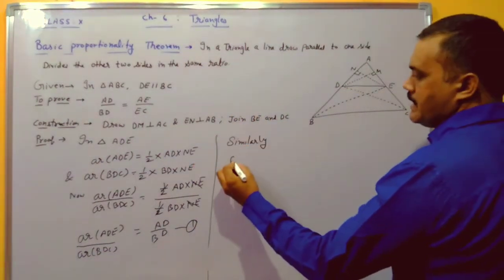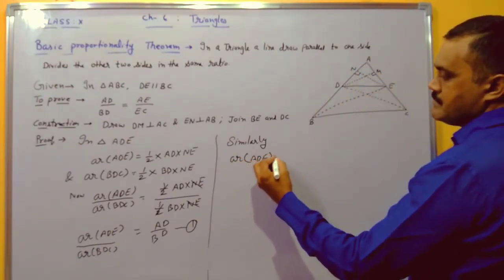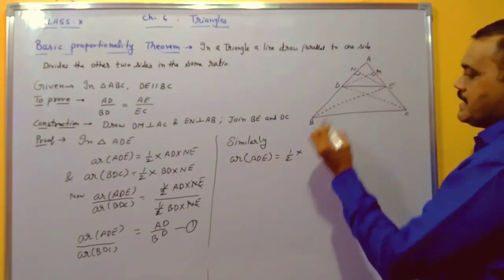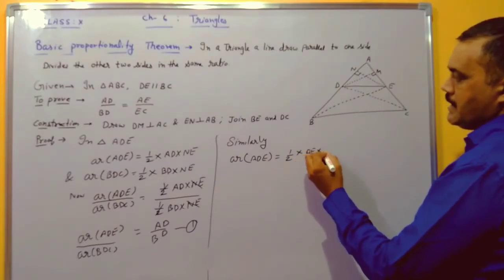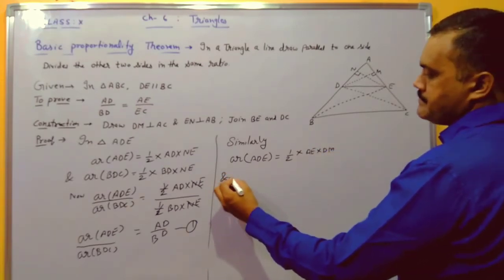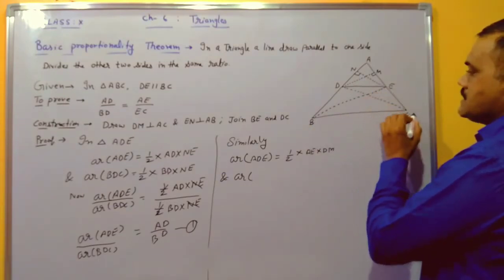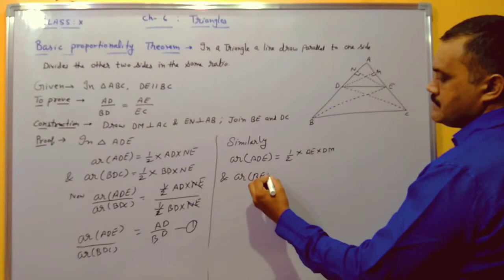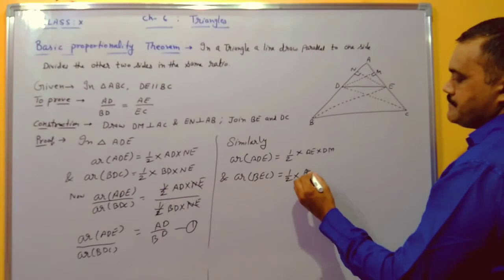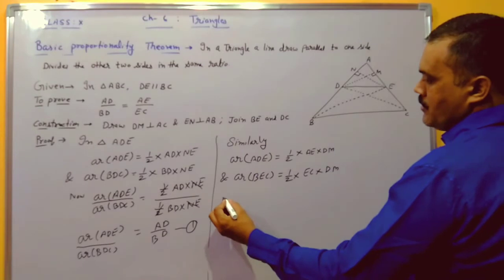Similarly, once again area ADE is equal to half. This time AE will be the base and DM will be the perpendicular. So half into AE into DM, and area BEC is equal to half into base EC and perpendicular DM.